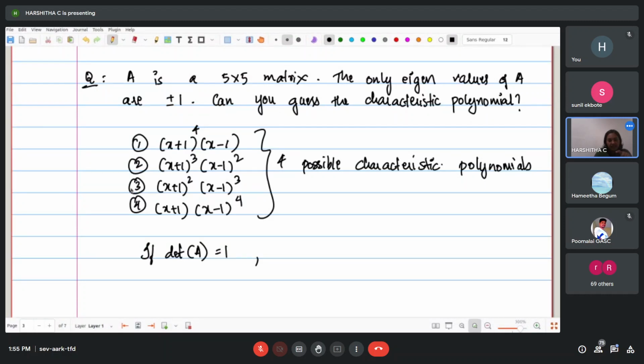Is the question clear? I'm saying, in addition to the information given in the question, we are saying that the determinant of A is 1. It's a square matrix, and you have also been given 5 by 5.